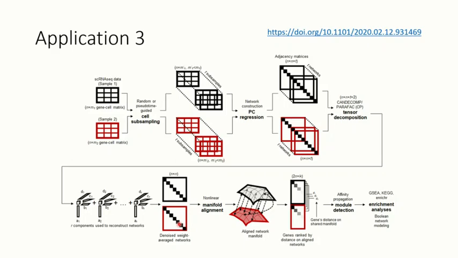If they are highly similar, then all the genes should be projected onto very similar locations, one from black, one from red. If these two networks are very different, then after the projection, some of the genes will be far away from each other, okay? Because we have the same gene from black, same gene from red.